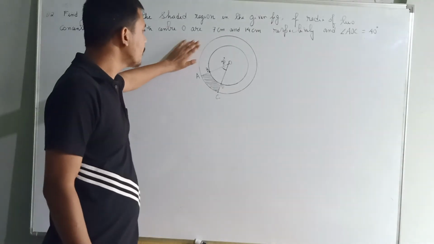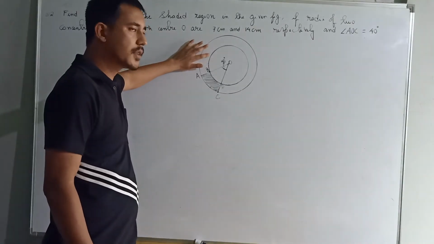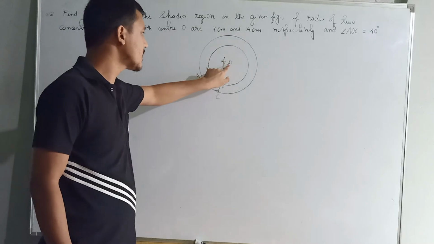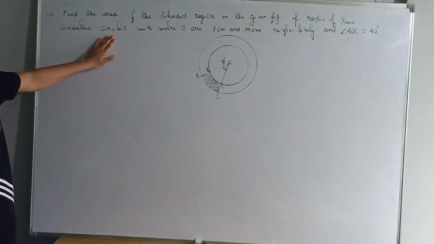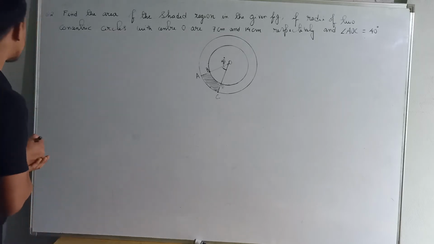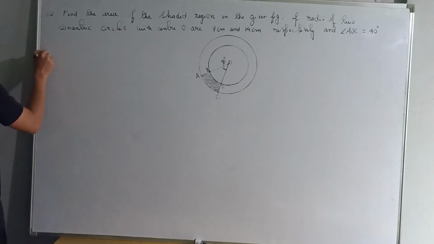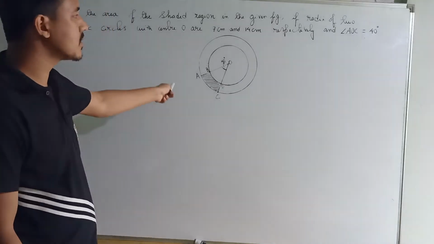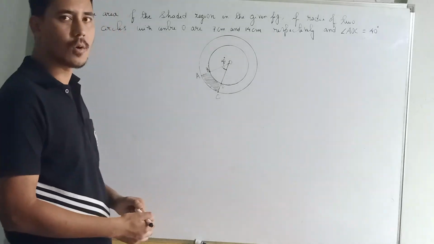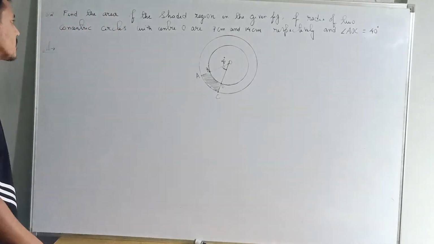Now we have two circles, both having the same center O. Circles having the same center are known as concentric circles.